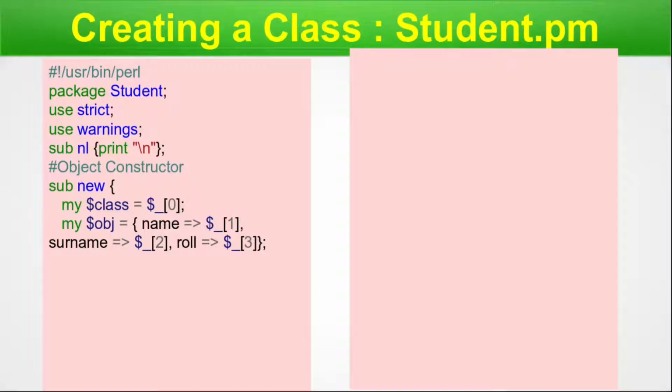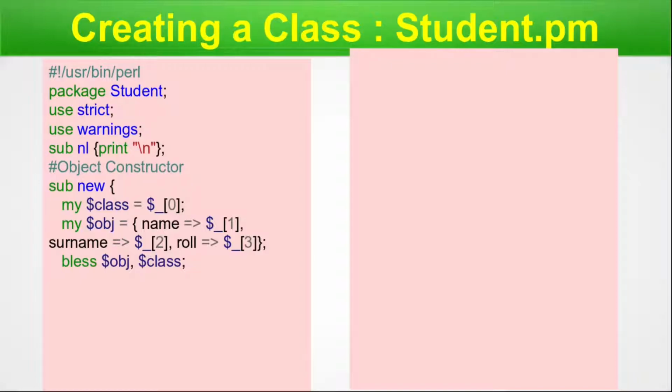Then surname is the next argument, that is $_[2], and the third is the roll number, $_[3]. So this way all the arguments came and get stored in the internal data structure. Now this hash has been made. How can we turn this hash into an object? With the bless function that we have written in the next line. The syntax is bless, then the object, and then $class.